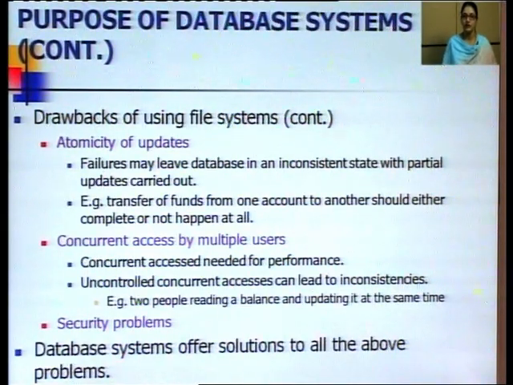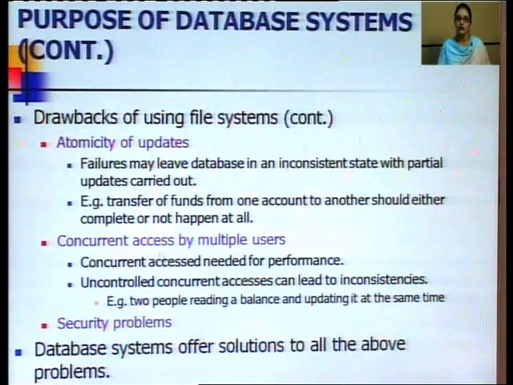For example, the transfer of funds from one account to another should either complete or not happen at all. Atomicity is the most important feature of the database, in which the transaction should occur either as a whole or not at all.